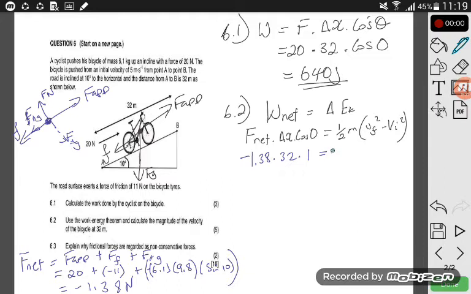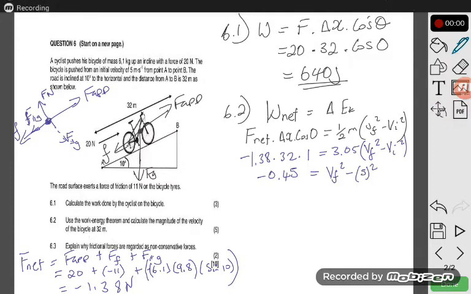So we're having 3,05 multiplied by v final squared minus v initial squared. Right, so you do your mathematics solving it. So we have minus 0,45 from this one and dividing by 3.05 is equal to v final squared minus 5 squared. So the minus 5 squared is going to give us a minus 25.